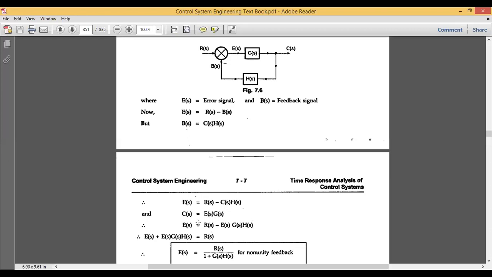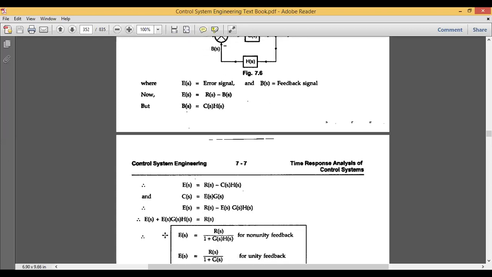It is also possible to find the input signal R of S. R of S is equal to E of S plus E of S, G of S and H of S. So I got the other side of the equation. The reason is that we are separating the input signal from the error signal. If I want to find only the error signal, let us take E of S common.